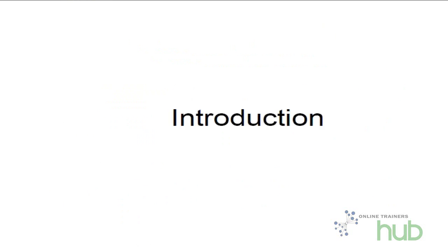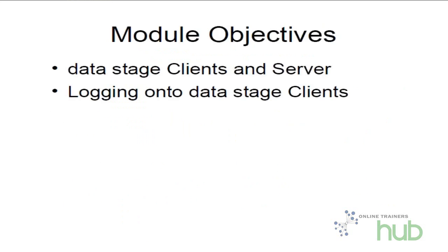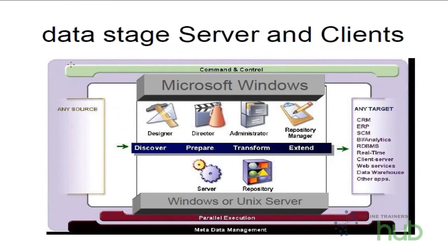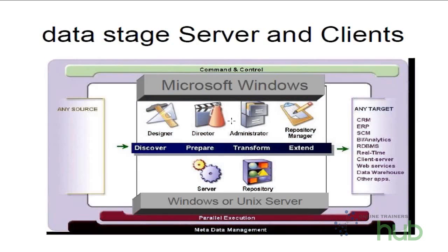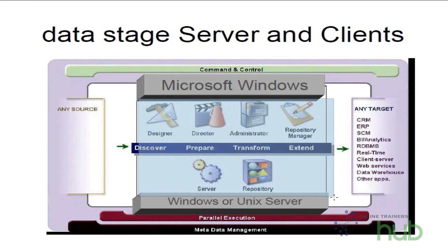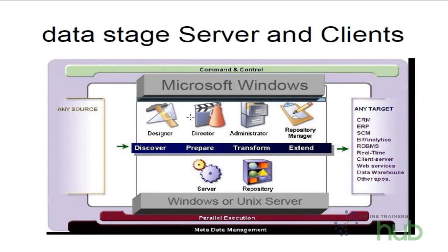Now, once we know that, the next step is going to be what? We need to start understanding the DataStage architecture, where we can see that DataStage follows a simple client-server architecture, with different clients in the client layer, like the Designer, Director, Administrator, and Repository Manager.